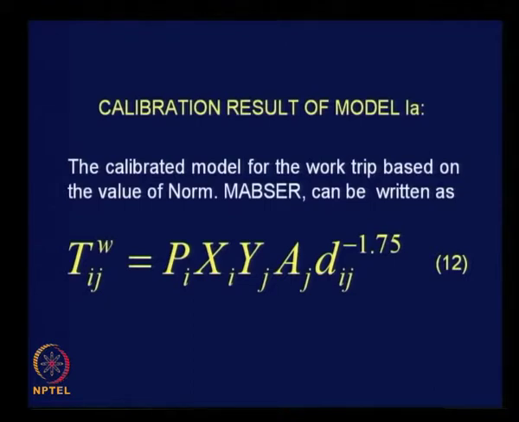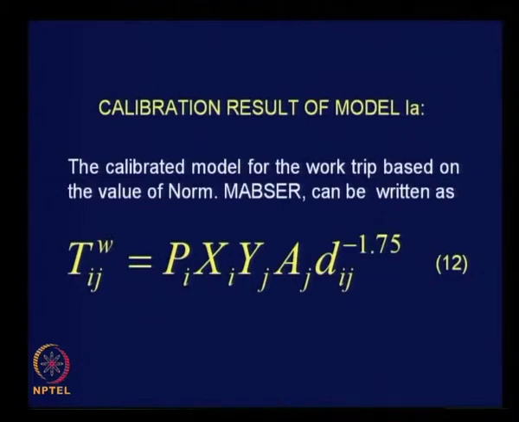The calibrated model for the work trip based on the value of normalized MAPE can be written as Tij W. I am writing W purposely because this calibration was done using data pertaining to work trips. Tij W equals Pi, Xi, Yj, Aj, Dij raised to power minus 1.75. Now this model is ready for application for horizon year condition, right.